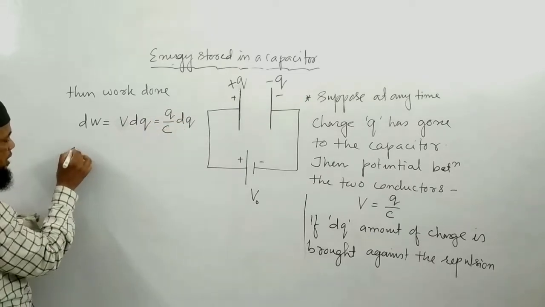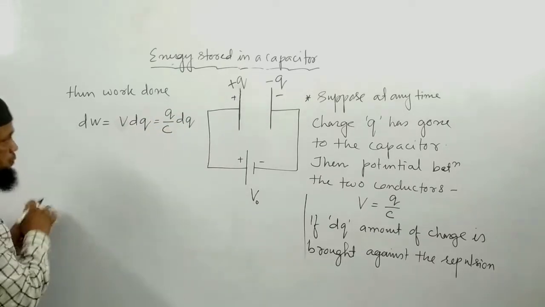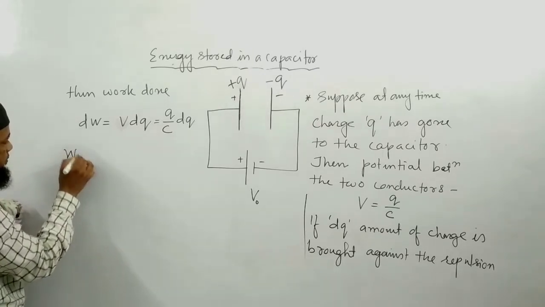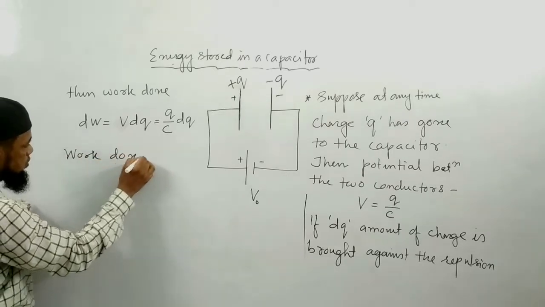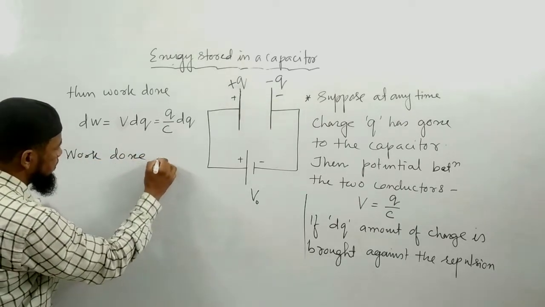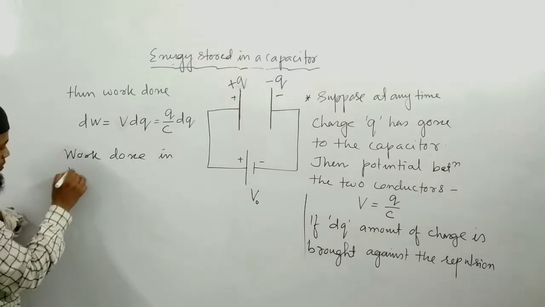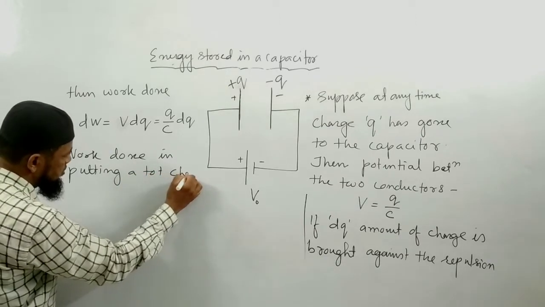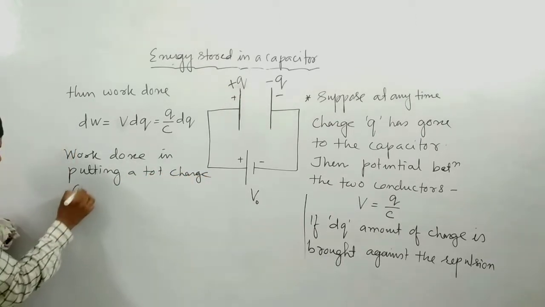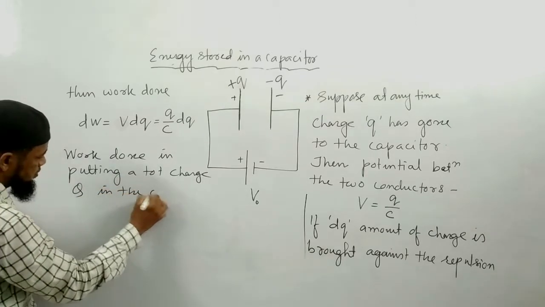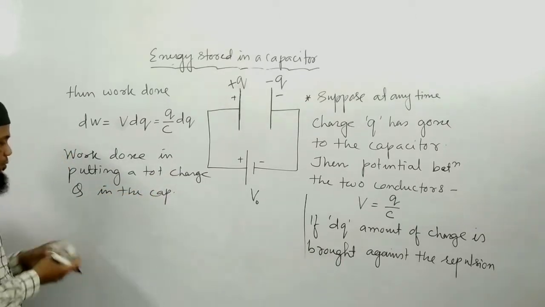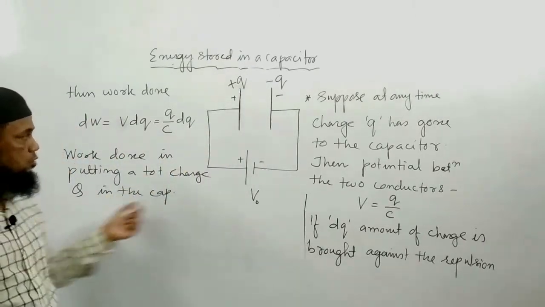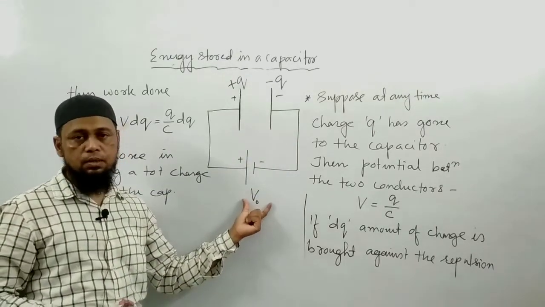So if I have to put a charge, therefore the work done in putting a total charge Q in the capacitor, suppose Q is the maximum charge that can be put in the capacitor, and when the charge in the capacitor becomes capital Q, the potential difference between the two terminals becomes V naught.